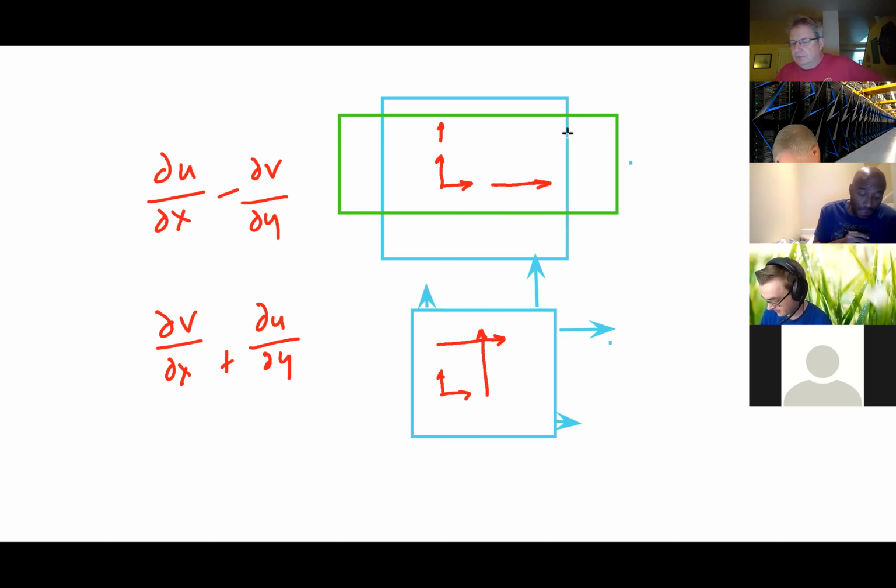Shear flow without curvature. Isn't that just shearing? So that's the velocity changing as I'm traveling in the n direction, dV/dn.